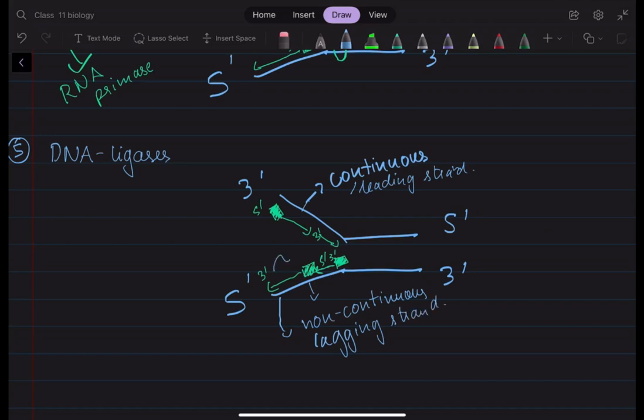And these fragments that you see, we call them Okazaki fragments.